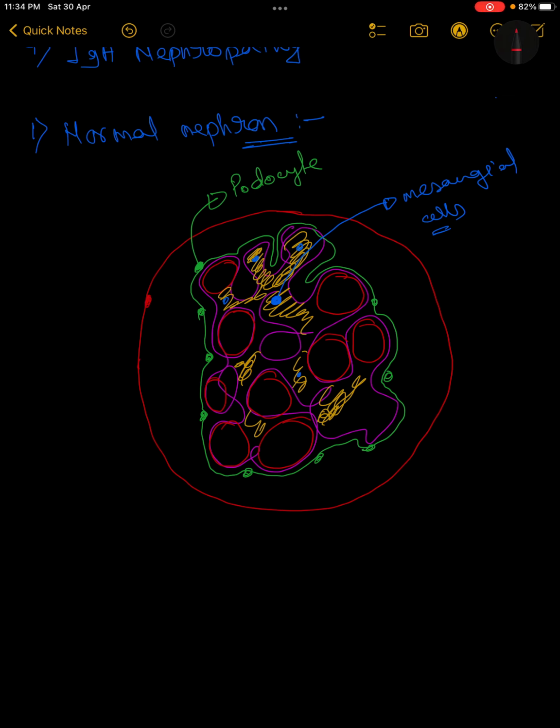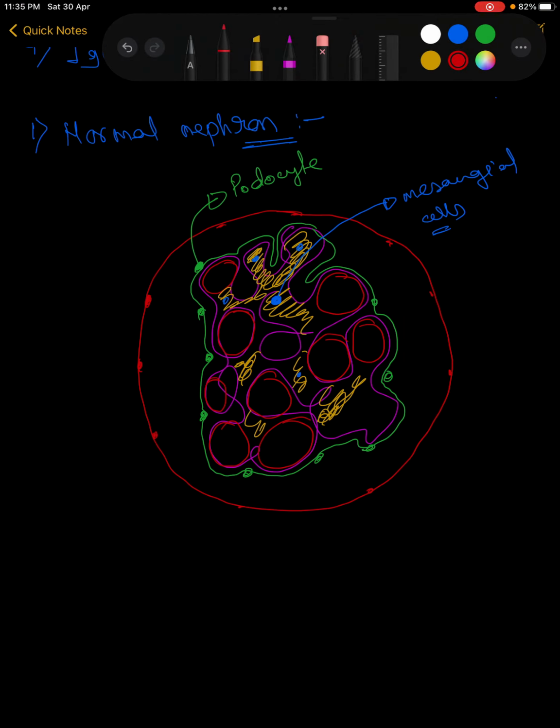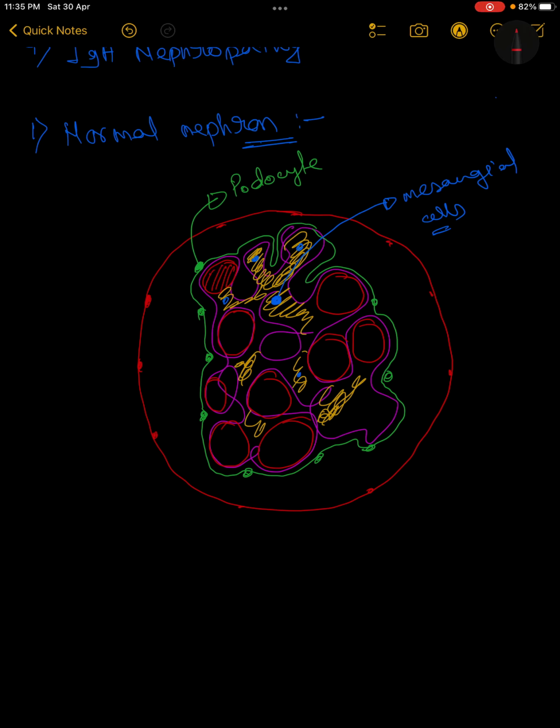Now there will be another nucleus here. So here you will find some nuclei. What will these nuclei represent? These will represent our parietal epithelial cells, which are squamous in nature. And you already got this one, these are our capillary lumens.